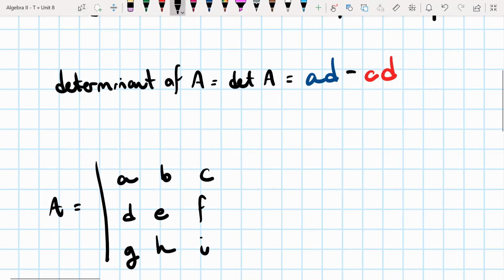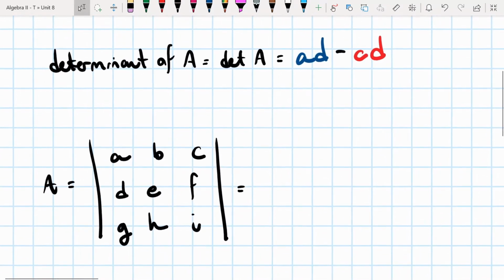So let's say we have a 3x3 matrix. The way we find the determinant for a 3x3 is a little bit trickier.